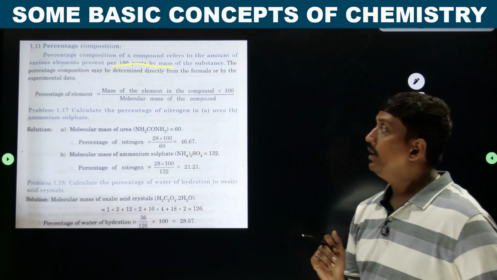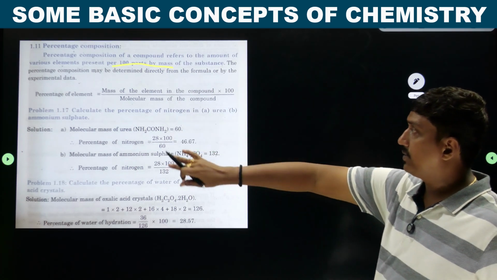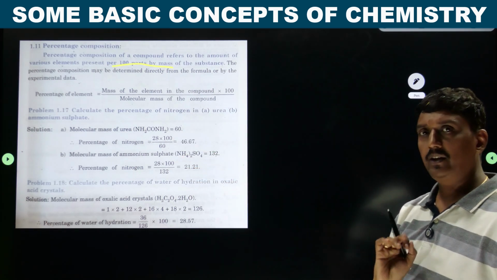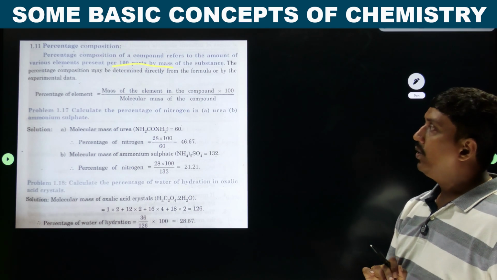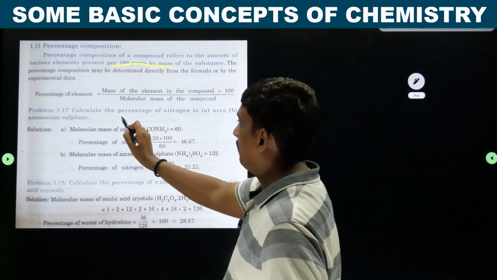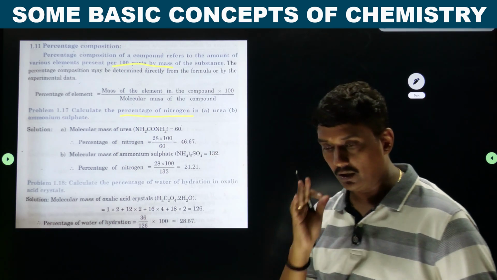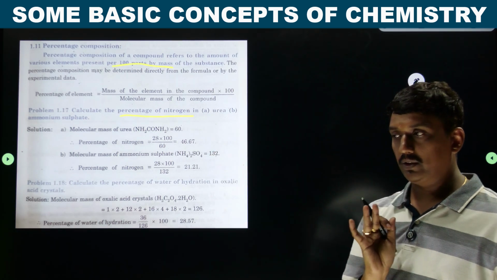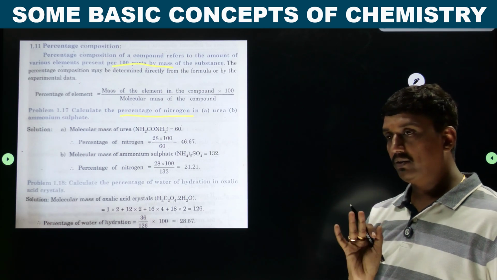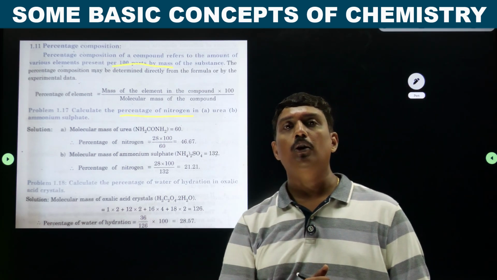Let us take an example, then it is very easy to understand. Calculate the percentage of nitrogen in urea. What is required? We need the formula for urea.